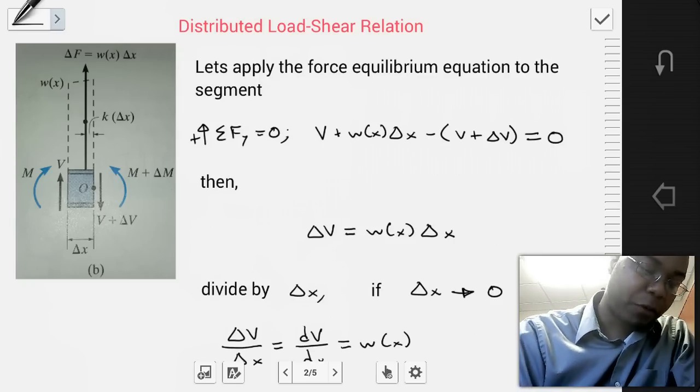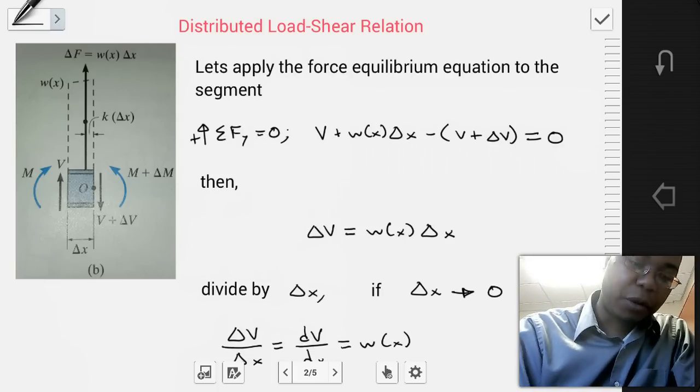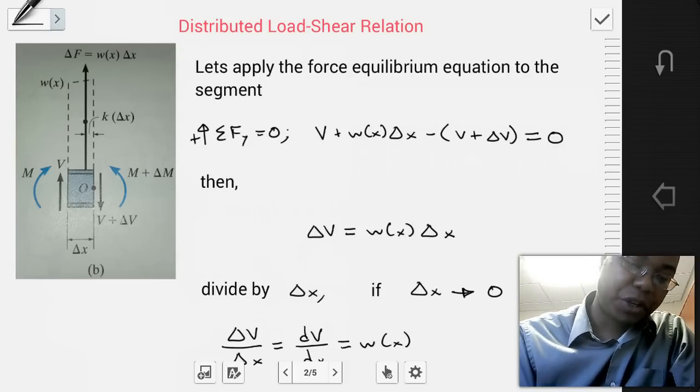Notice that in this section, we add our shear force and our moment forces, these internal forces that develop within the member. If we apply the sum of the forces in the y direction, then we'll find the resulting equation, that the shear force plus the distributed load times the increment in x minus the shear force plus the change in the shear force is equal to 0.